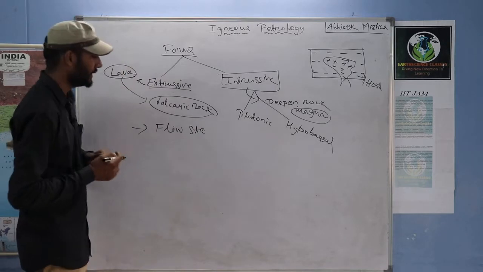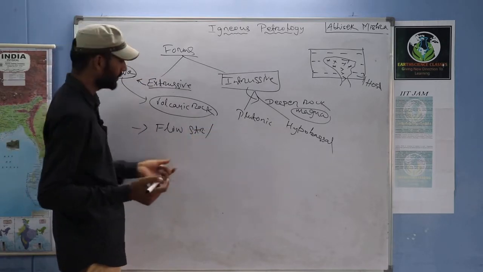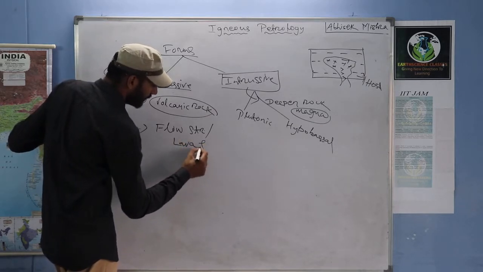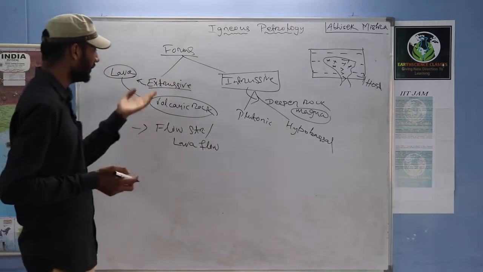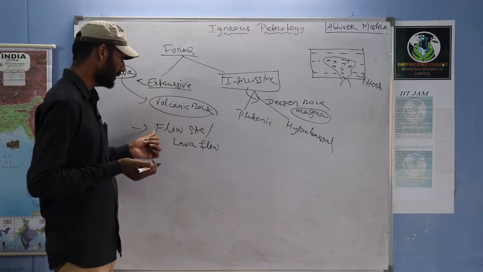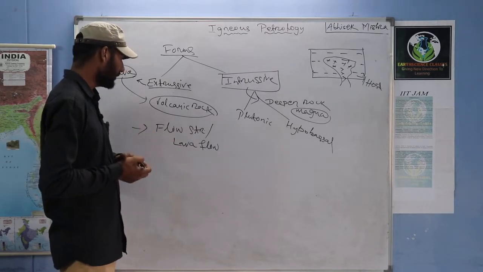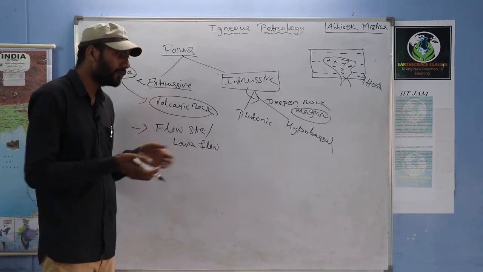We can call it flow structure, or we can also read it under igneous structure: lava flow, right? It is an extrusive rock. This lava flow means lava comes out to the surface and flows.